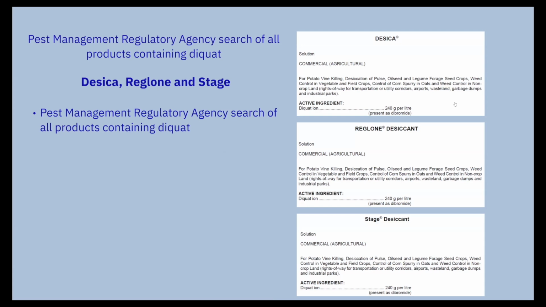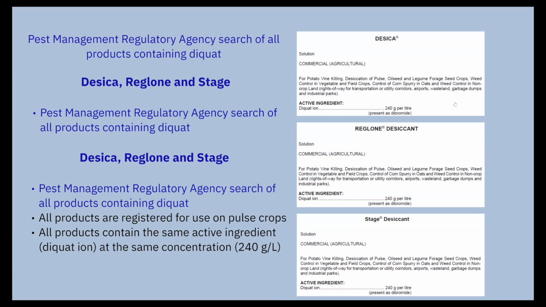From what I could tell, every label is identical. All products were registered for use on pulse crops, and peas are a pulse crop. All products contain the same active ingredient, which is diquat at the same concentration, 240 grams per liter. So the best I could tell, they were all identical. And I've highlighted those.